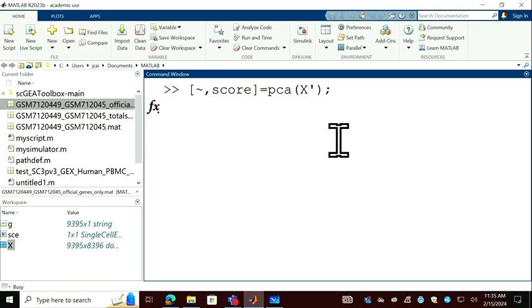It takes some time, right? It's a huge matrix.